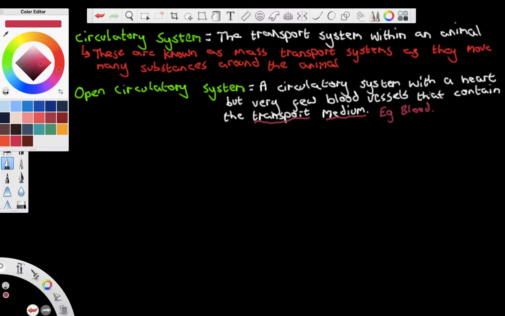Now, in an open circulatory system, the transport medium, which is known as hemolymph, is pumped from the heart into what's known as a haemocoel.